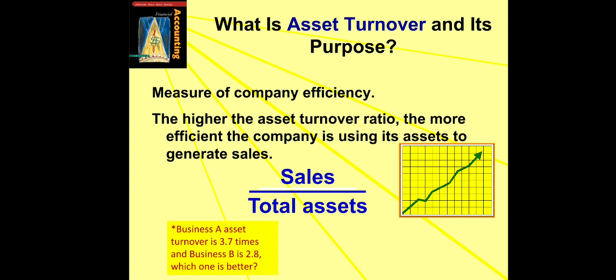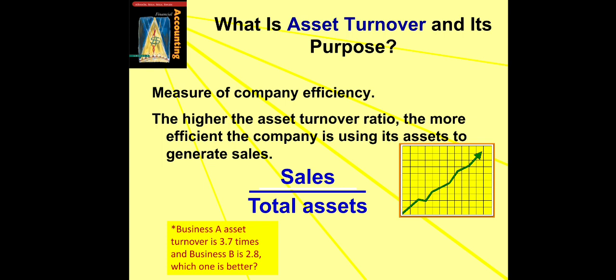The thing is like this. Let's say there are two businesses. Both businesses' asset is $100,000. Business A's sales is $250,000. Business B's sales is $350,000. Which business is more efficient in using its asset?